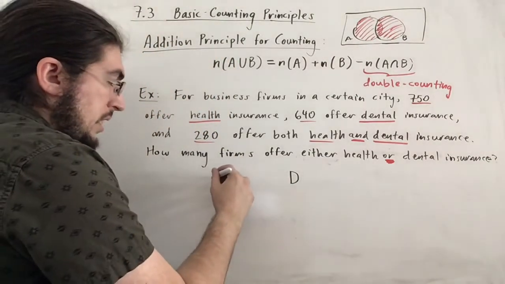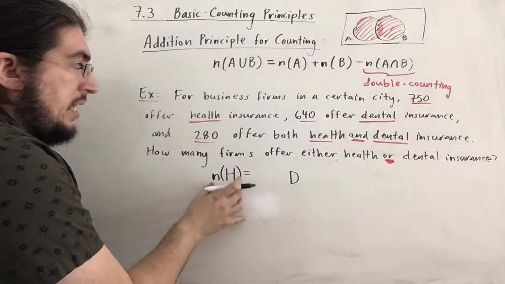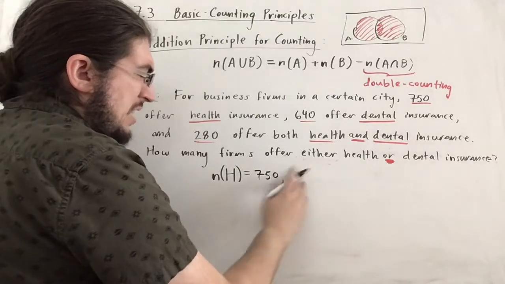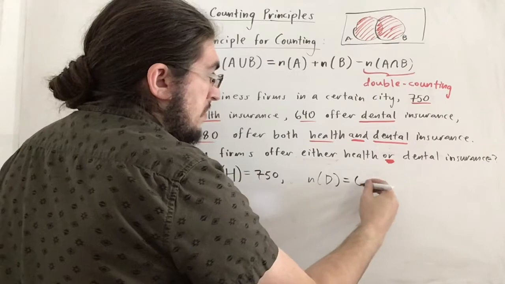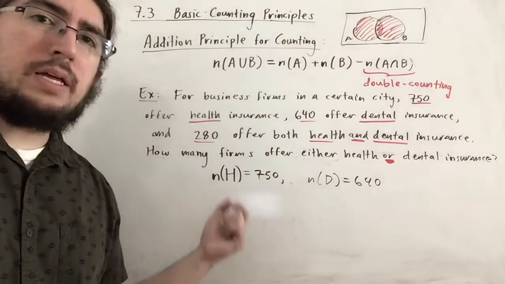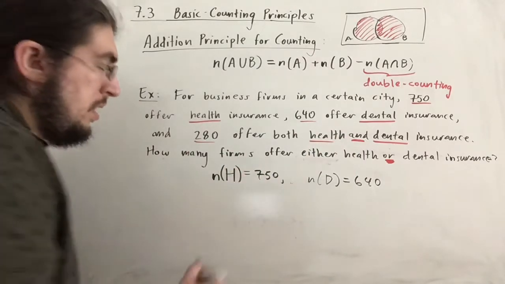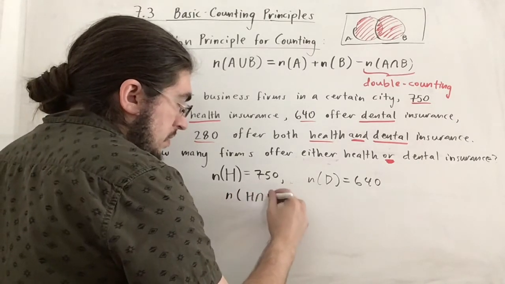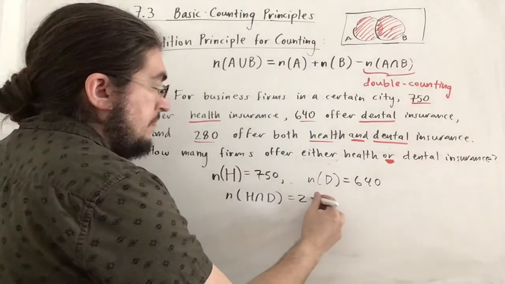So what I'm going to notice here is the number of things in the set H is 750. And the number of things in the set D is, of course, 640. Now, I didn't write a labeling for health and dental, and that's, of course, because that is the intersection of H and D. So the number of things in the intersection, of course, is given to be 280.